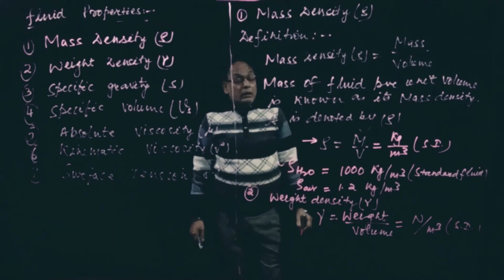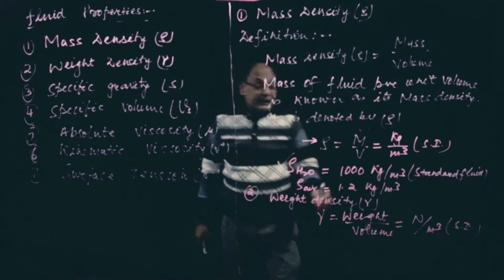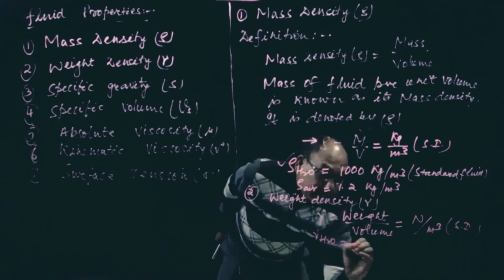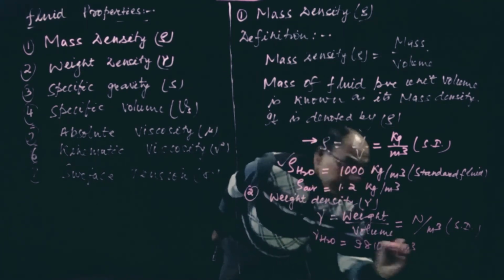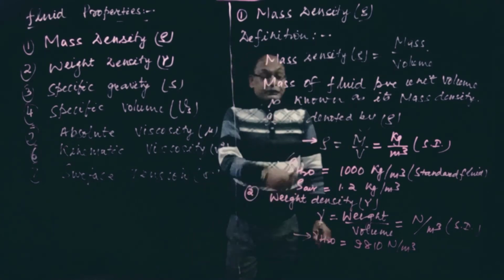So the weight density of the standard fluid, water, is 9810 Newton per meter cube. We have to remember this one.